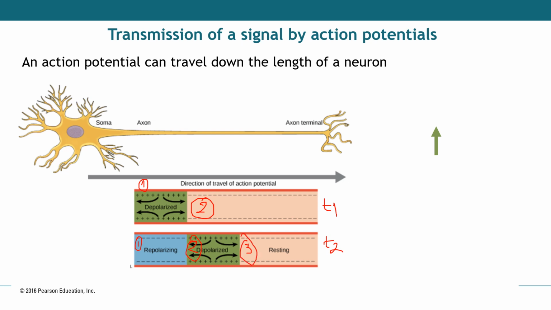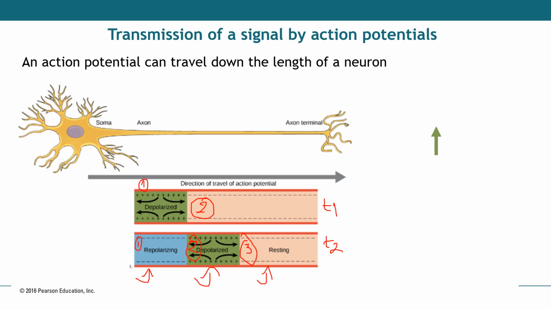The depolarization is spread, and this one that was in a resting stage is now depolarized. And in the third region, there are still some areas of the axon in the resting stage. And the first region, the blue region, is not depolarized anymore.